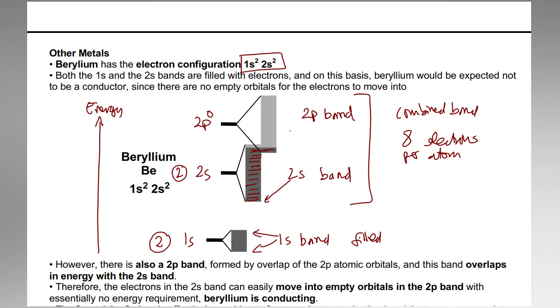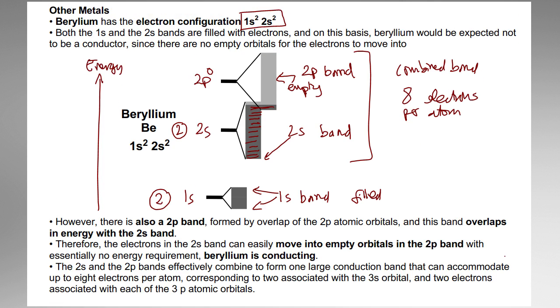And of course, there's lots of empty orbitals, both bonding and anti-bonding, in this now combined band. So beryllium has lots of empty orbitals in the 2p band. They overlap with the 2s band. Therefore, beryllium is a metal. It's conducting, it has luster, it conducts electricity, and all that kind of stuff.